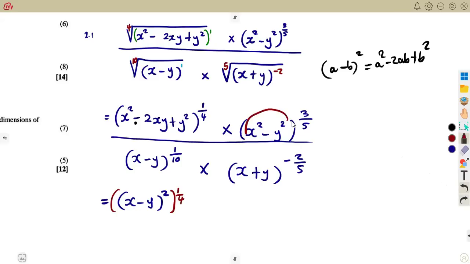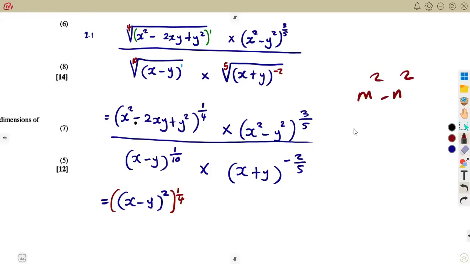We move on to this difference of two squares. Exactly our difference of two squares, guys. Are they supposed to write a squared minus b squared so that you understand it's a difference of two squares? No. They can use any letter, m squared minus n squared. If you understand a squared minus b squared, therefore understand this, guys. It's a difference of two squares.